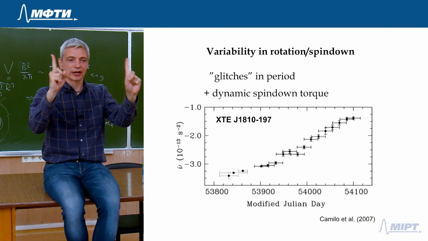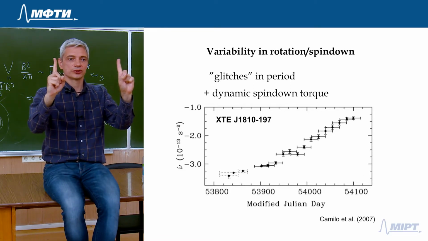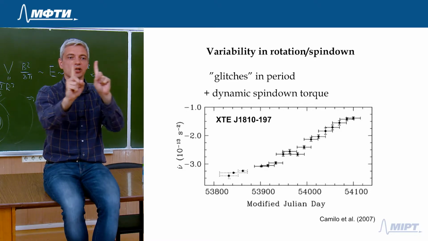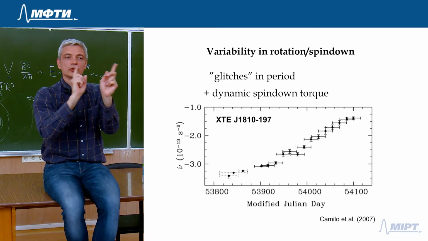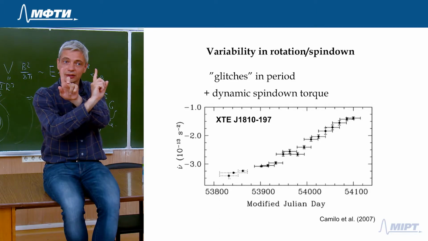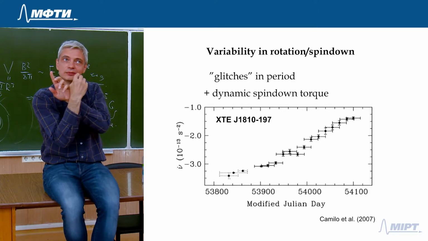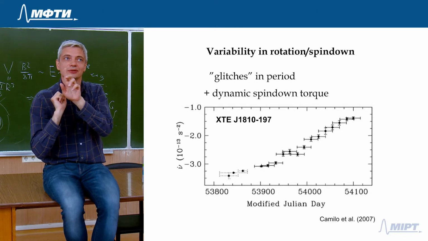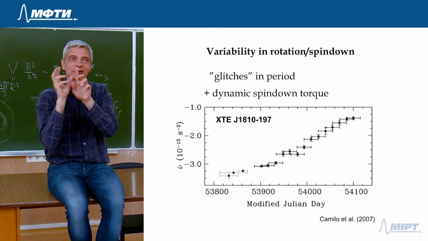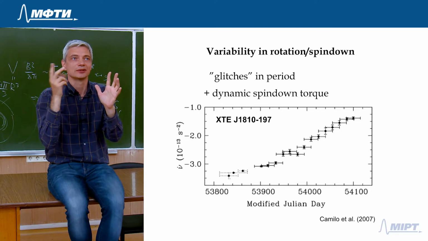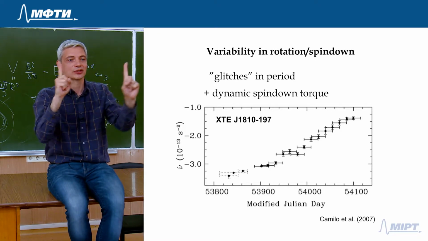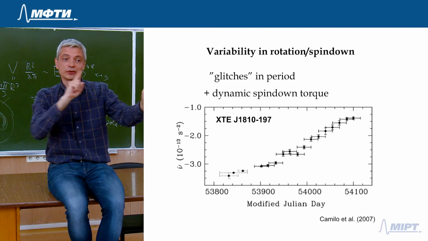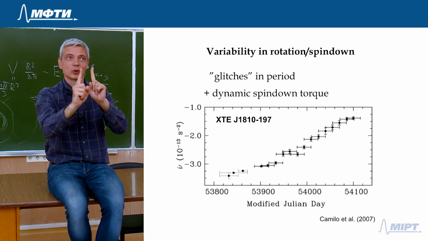Vortices are stuck in the crust. Vortices are rotating with the crust. The crust spins down, and the vortices begin to rotate somewhat slower than the superfluid. And the superfluid rotation, of course, is determined by the density of vortices. It's a little confusing situation, but that's all it is. If you think about it, it's interesting. You can even stop the vortices if the crust stops.